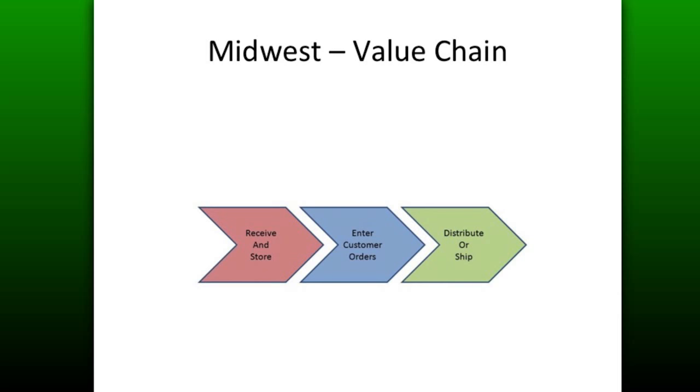The next thing that happens within Midwest is they take and enter customer orders. So they've got the items in the warehouse, now they've got an order, which brings us to the third, or downstream, part of their value chain, and that's distributing or shipping the products to their customers.